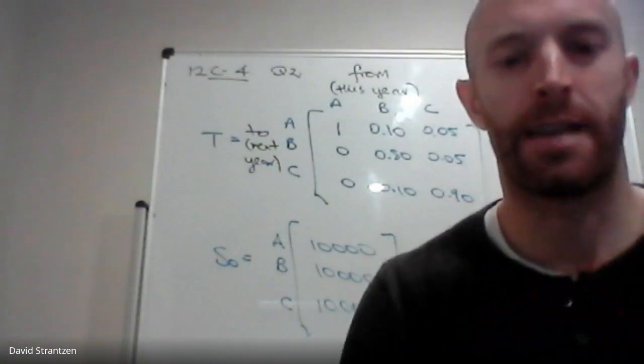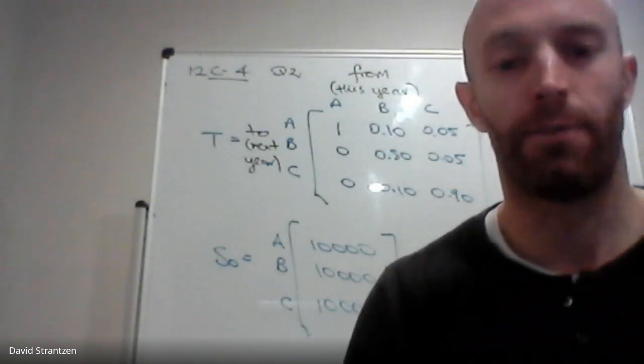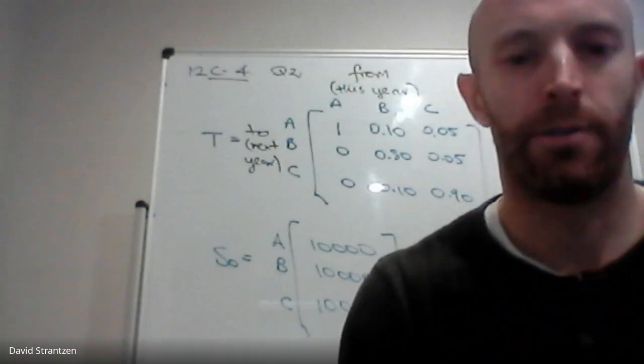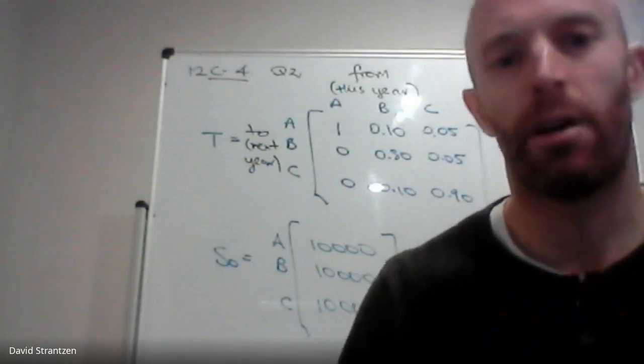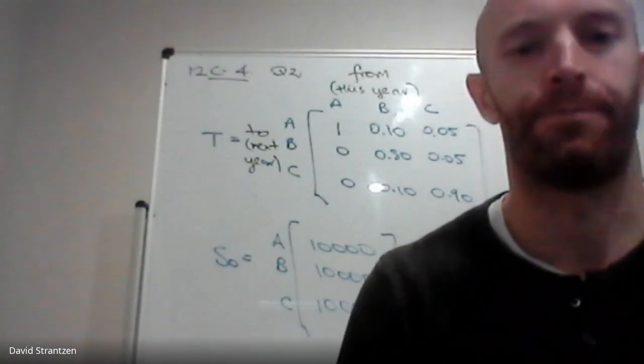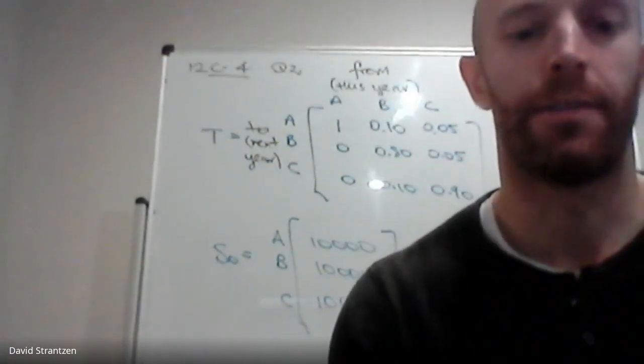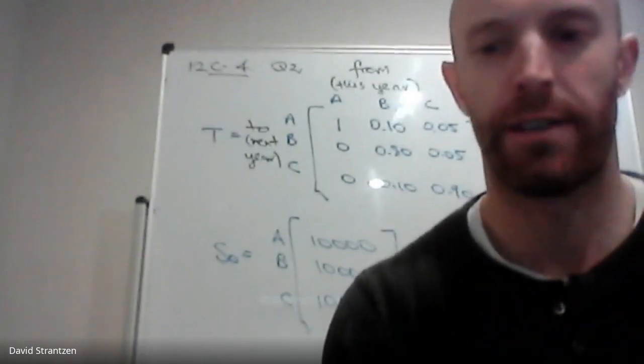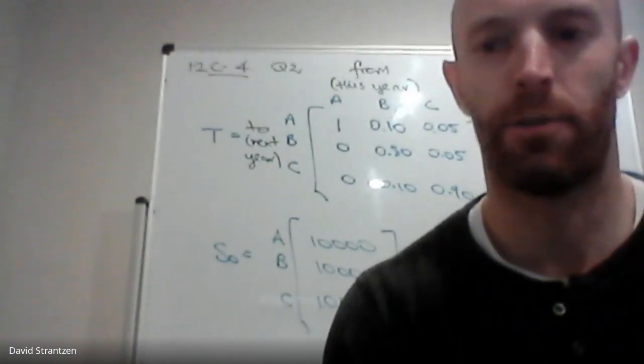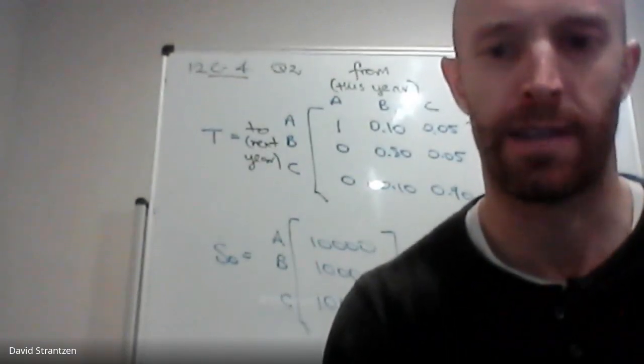Obviously, that changes our model because our model so far was only able to suit a fixed number of cars. So we're going to have to look at how we can modify our techniques for this type of problem. I'm going to share the notes for 12C part 4, and we'll do a couple of examples as well.